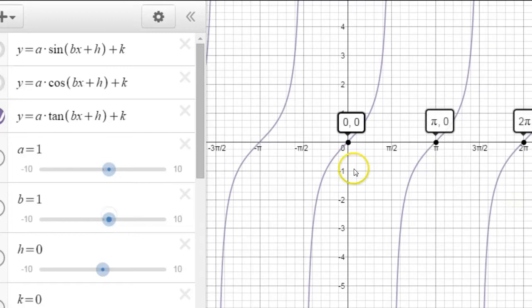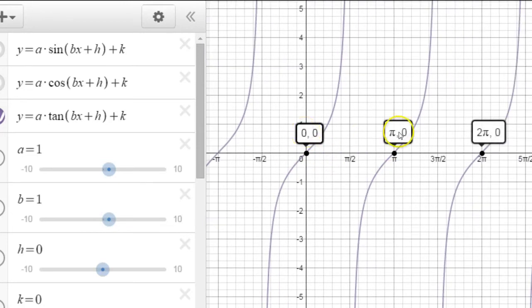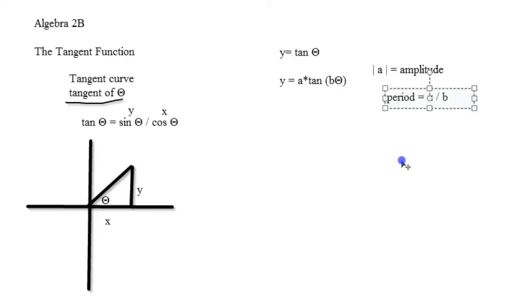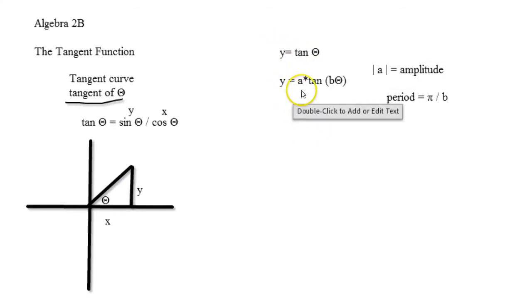But yes, B does compress it, but with tangent, our period for one wavelength is no longer from 0 to 2 pi, it is actually from 0 to pi. So let's take a look at that and how that affects our rule. So this is our parent graph right here, y equals tangent of theta, and we've added the values of a and b into it. Do they affect anything? Yes, not as different as what you think with cosine and sine.